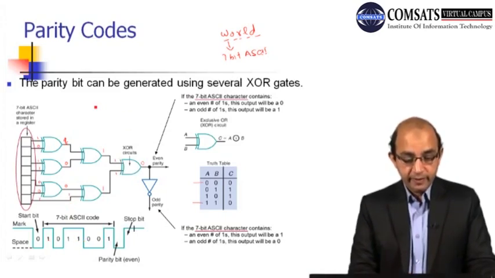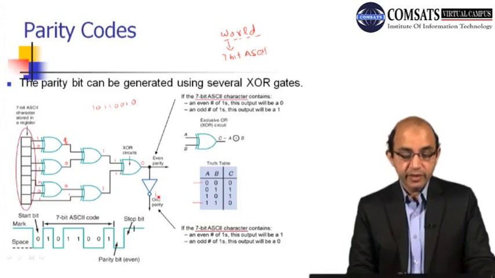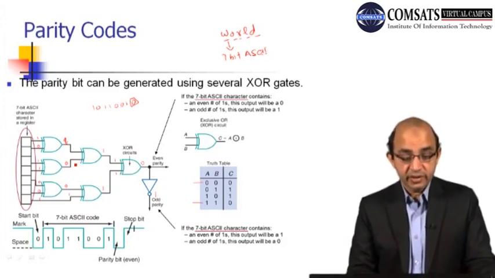So if I write it like this, 1 0 1 1 0 0 1, we count 1 2 3 4, and if we are going to use odd parity, this 0 will be inverted. So this is the parity bit that is generated by this parity generator circuit, and this is the even parity.